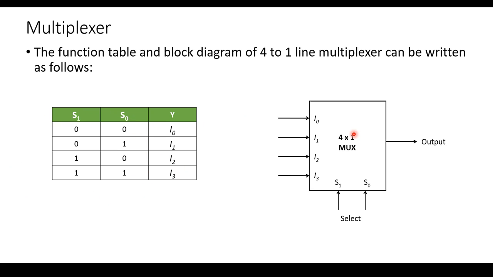The same thing can be drawn as a block diagram of the multiplexer. You can see 4 input lines I0, I1, I2 and I3, which produce only one output. This is just a block diagram, where you have 2 selection lines, S1 and S0. That is the extra part here, and it has a single output for the 4 cross 1 MUX.